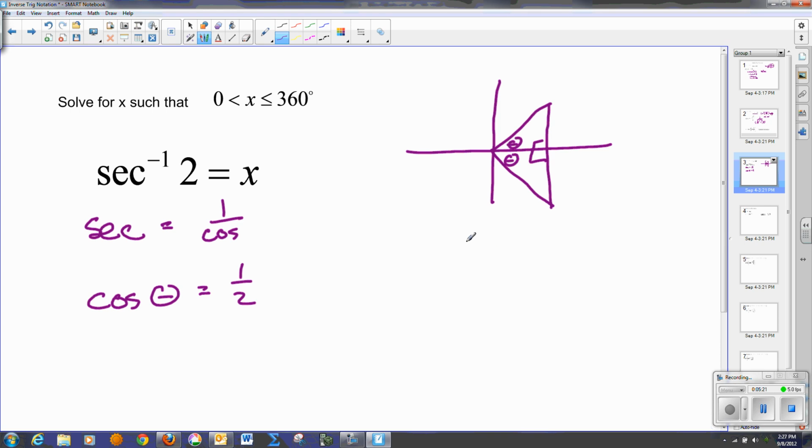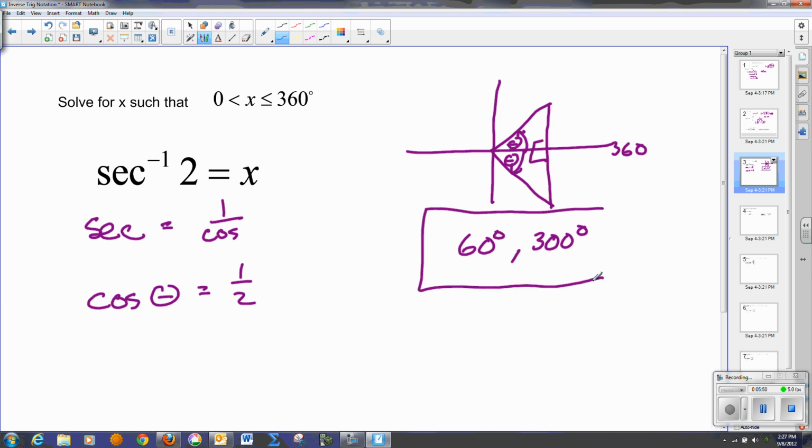Well, in the first quadrant, I know that's 60 degrees. Now, if I'm 60 degrees from that axis here, then I must be 60 degrees from that axis here. If I were to start at 360 degrees and back up 60, I'm at 300 degrees. And that answers my question.